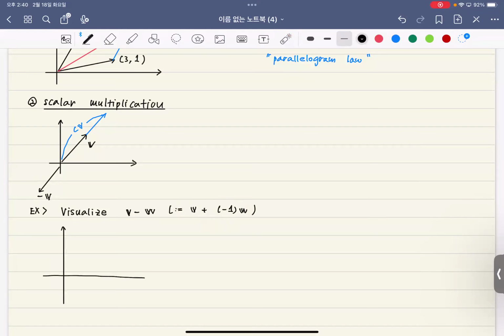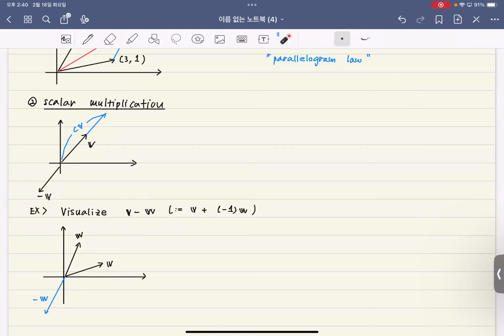If this is my vector v, and if this is my vector w, then in order to do this, first of all, I will need to scalar multiply this guy by -1, which is this, right? This is minus w.